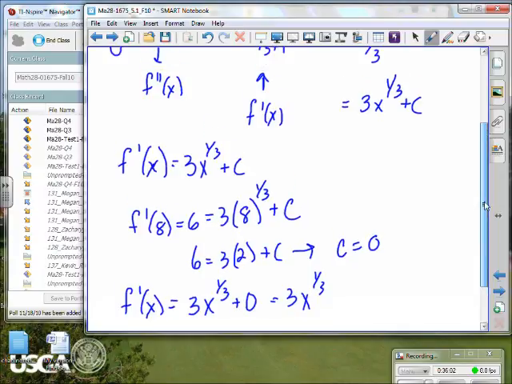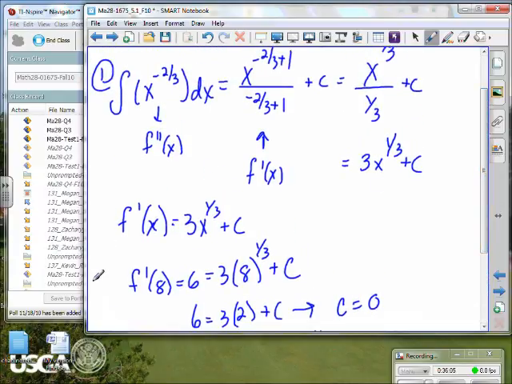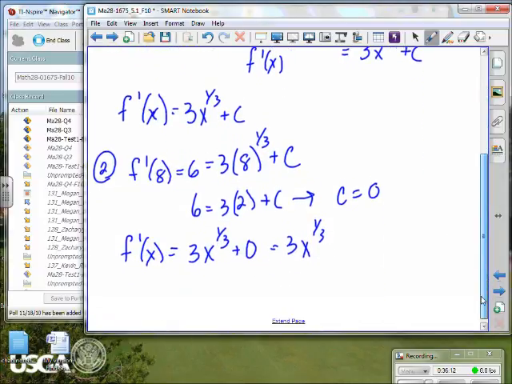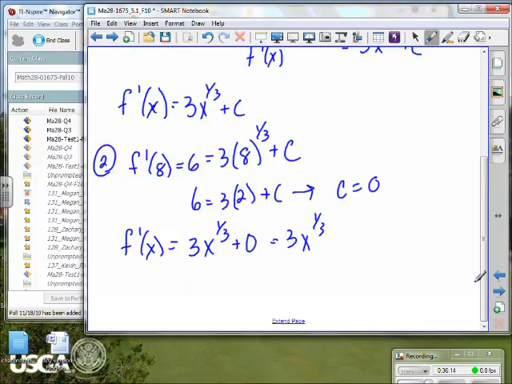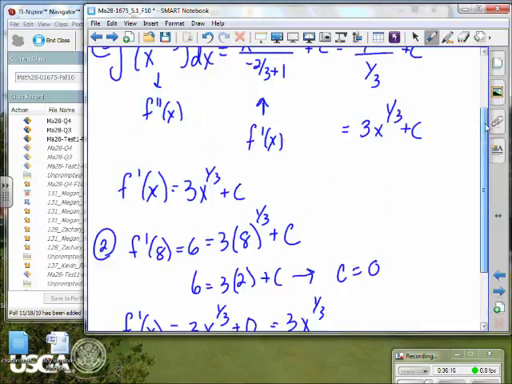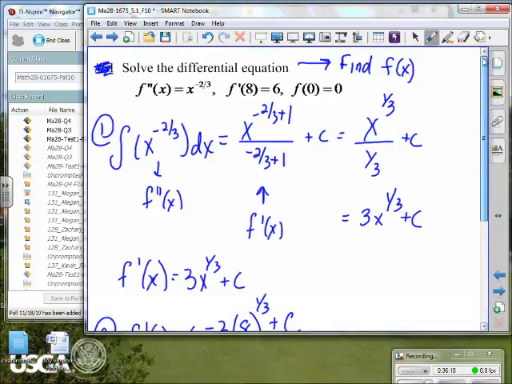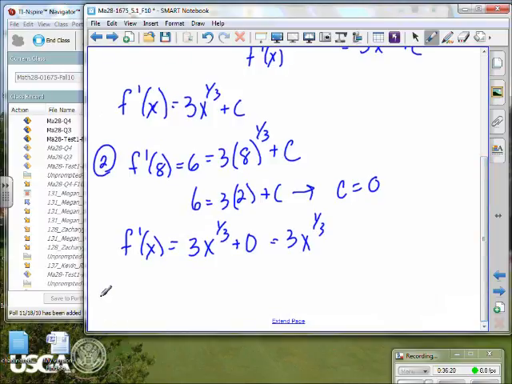So the first thing was to take the integral. The second thing is to put that information in about the first derivative. I'm trying to find what? The function. Okay, so now in order to find the function, if I know the first derivative, can I find the function? Yes.